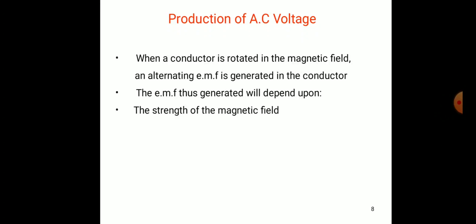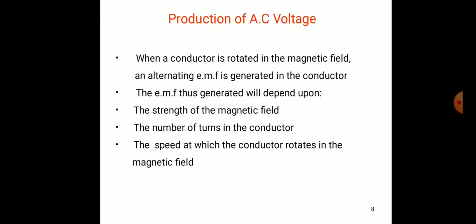When a conductor is rotated in the magnetic field, an alternating EMF is generated in the conductor. The EMF thus generated will depend upon the strength of the magnetic field, the number of turns in the conductor, and the speed at which the conductor rotates in the magnetic field.